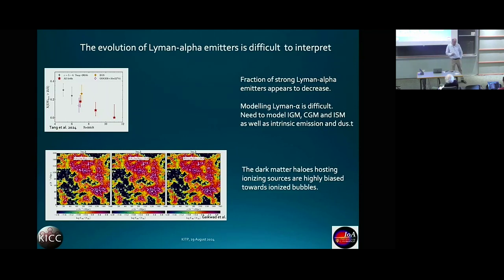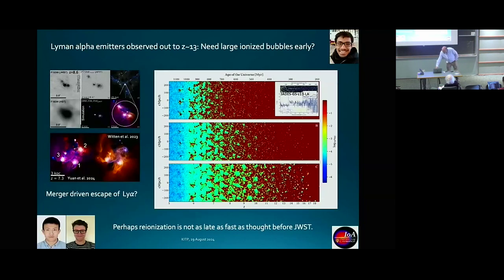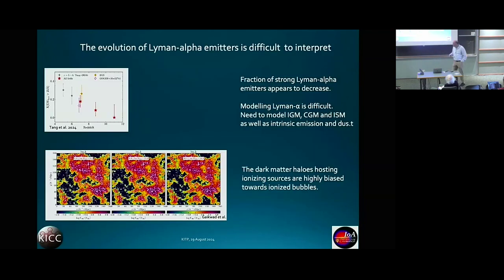So if you go to redshift 6, even relatively low mass halos, if they have a mass such that they can actually host a galaxy, are all very highly biased. So they're actually preferentially sitting in the regions where the ionized regions are. So it's not so straightforward as just taking a volume factor evolution to see where these ionized bubbles are.